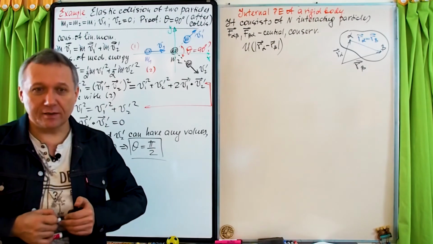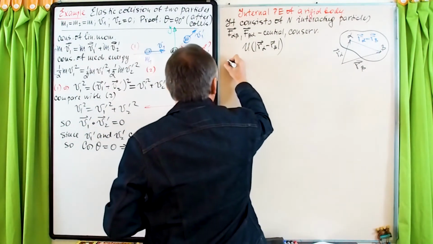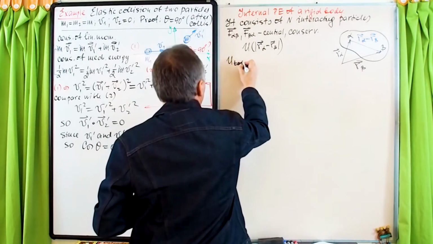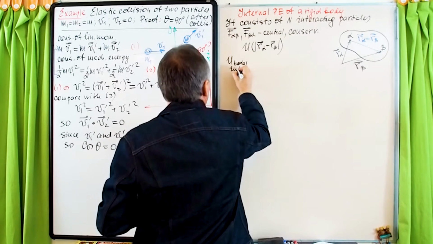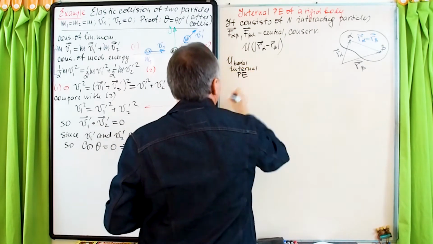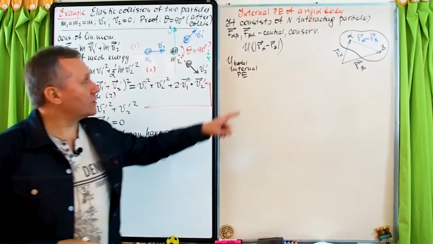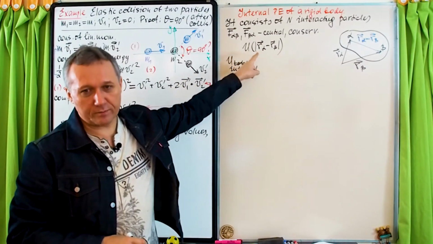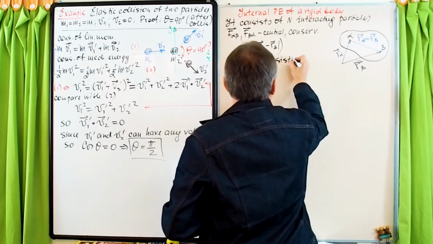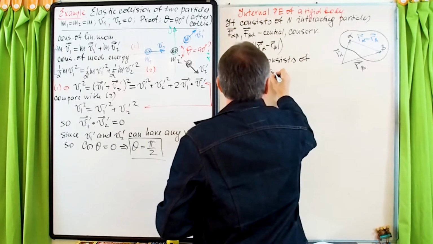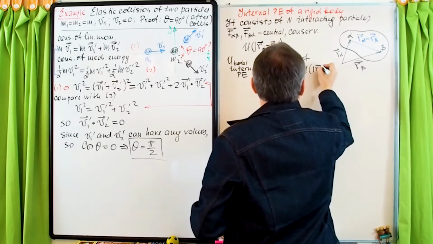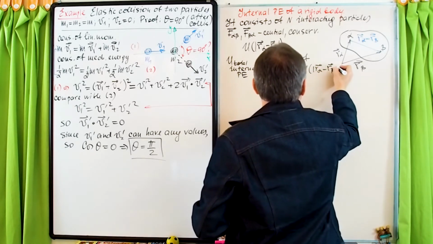So as a result, the u, which we labeled total internal potential energy, consists of tons of these terms, u of r alpha minus r beta.